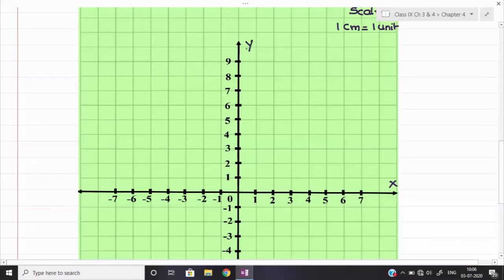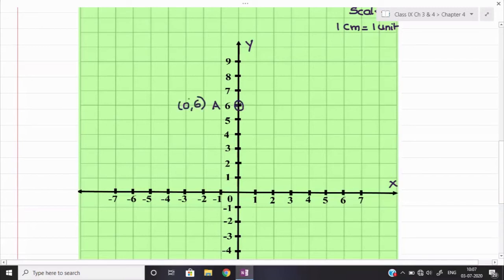Now x equal to 0 means I will stand at 0 on the x axis, and y is equal to 6. So I will go from 0 in the upward direction, and exactly on 6 I will mark the point. So this is my first point. I will say this is a point A whose coordinate is 0, 6.